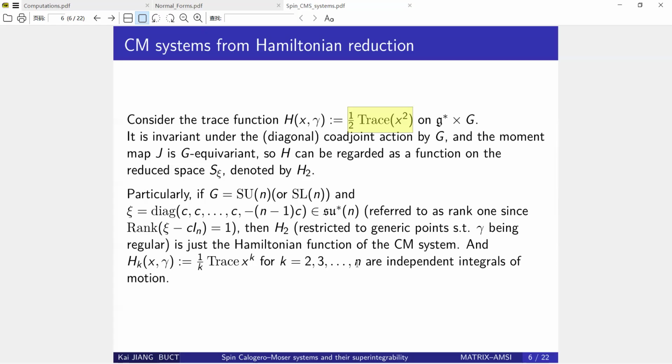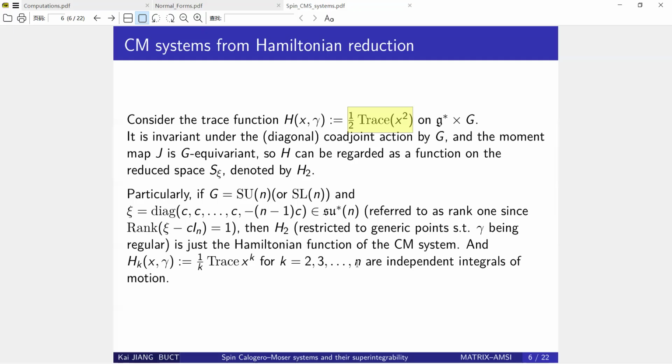This is why the classical Calogero-Moser system is Liouville integrable. We can find n minus one functions which commute with the Hamiltonian, and we can do it by direct construction.